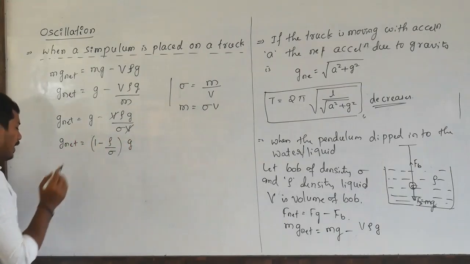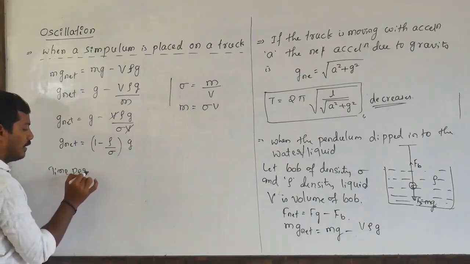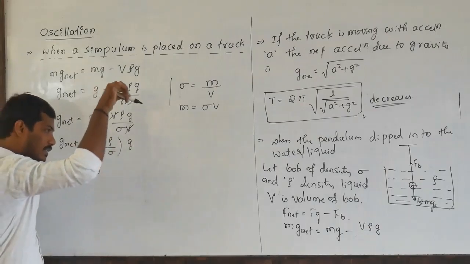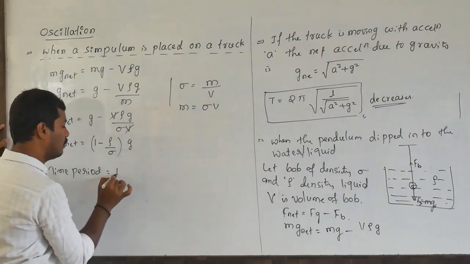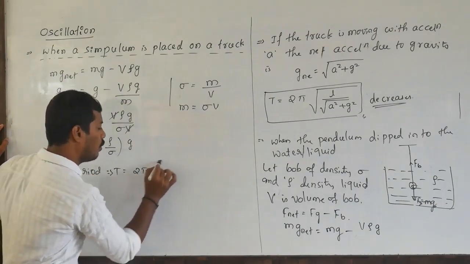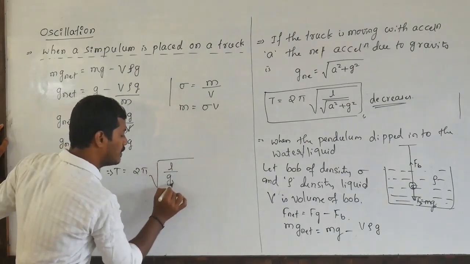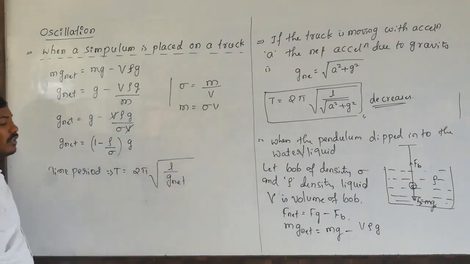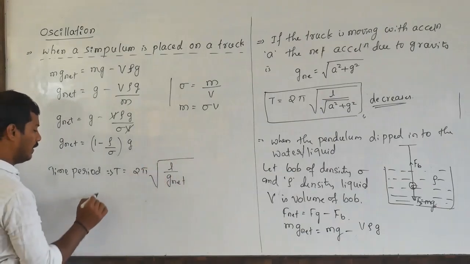Then we have to calculate the time period of the bob when it is dipped into the water. T is equal to 2 pi root of L divided by G net, or the effective gravity.